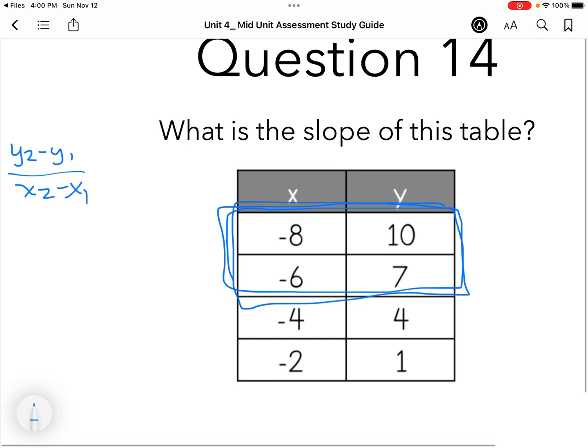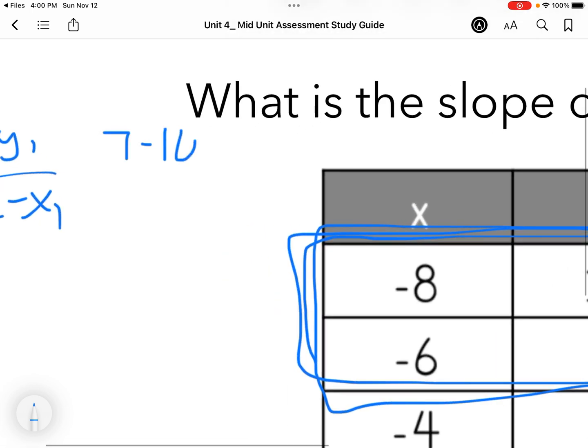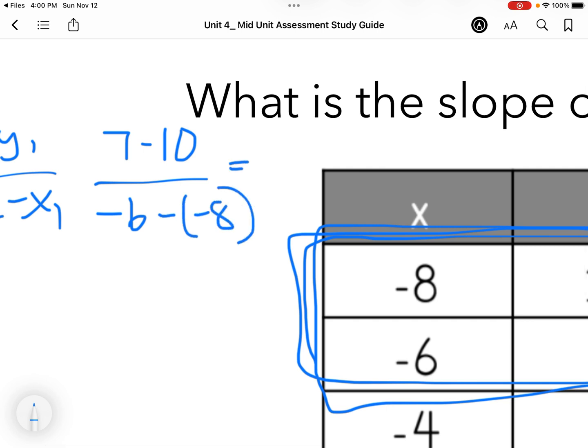So you're going to do 7 minus 10 divided by -6 minus -8. So plus a negative. So that's going to be -3 divided by, keep change, 2. So I got -3/2 as my slope.